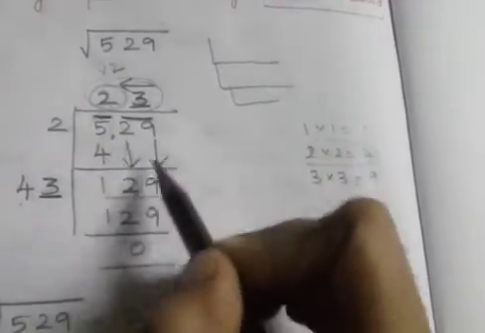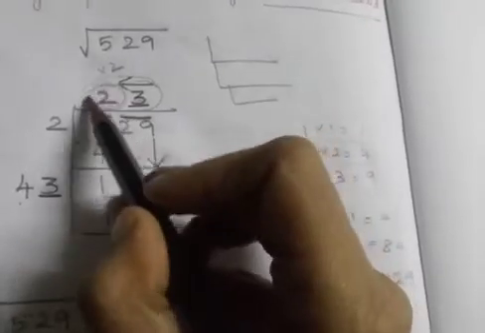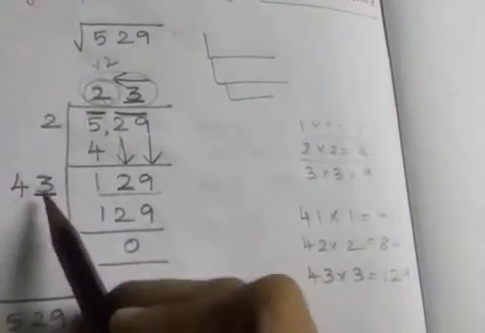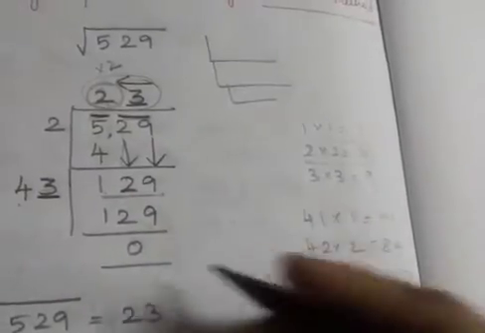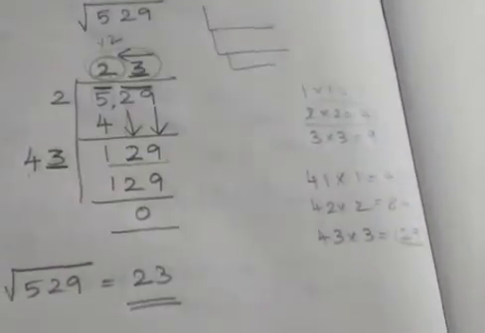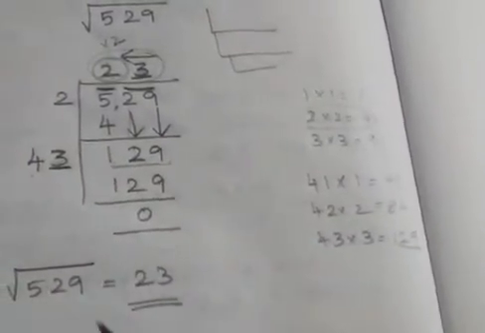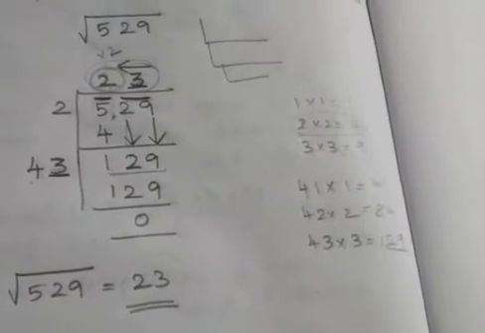Remainder 1. Then bring both down. Then 2 is there, 2 twos are 4. Next 41 into 1, 42 into 2, like that. You should multiply and see at which number it stops. We write 43 into 3, 129. Remainder 0. So the square root of 529 is nothing but 23.